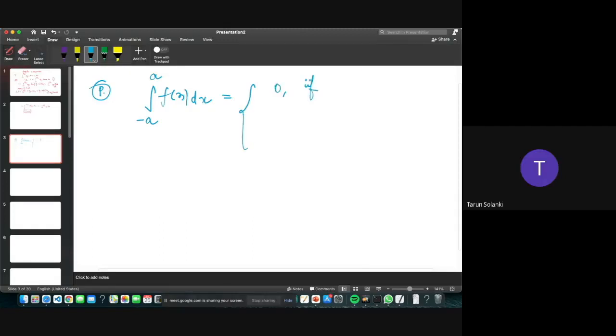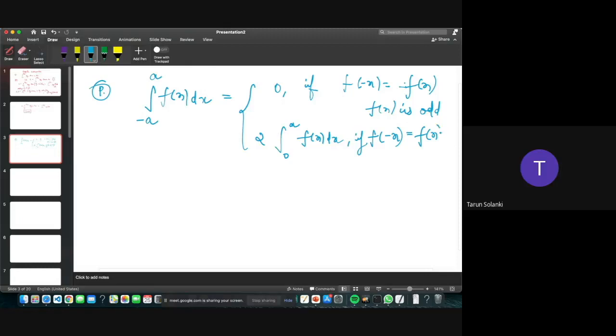It is 0 if f of minus x is equal to minus f of x, that is, f of x is odd, and it is 2 times the integral from 0 to a of f of x dx if f of minus x is equal to f of x, that is, f of x is even.